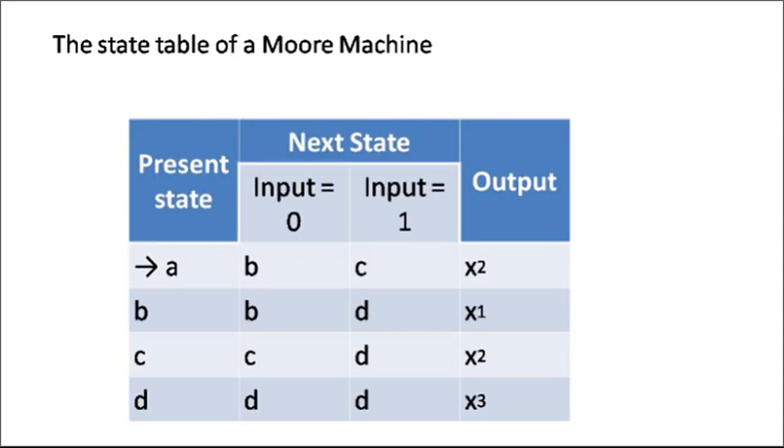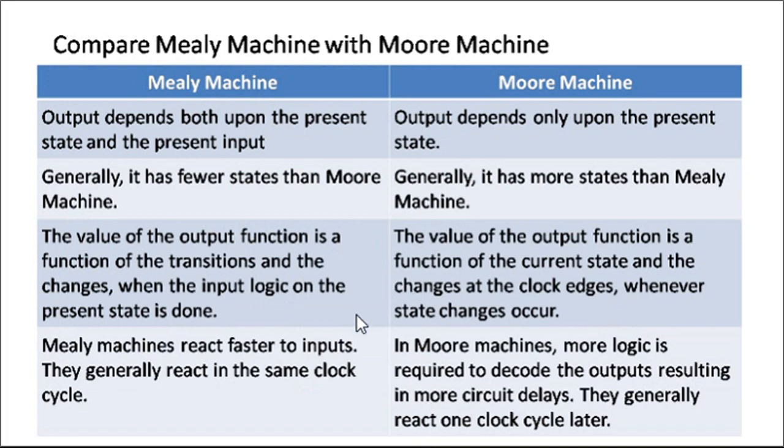These are the main important points. In the Mealy machine, output depends on both the present state and the present input; in the Moore machine, output depends only on the present state.